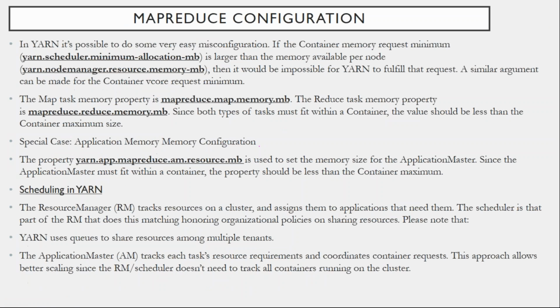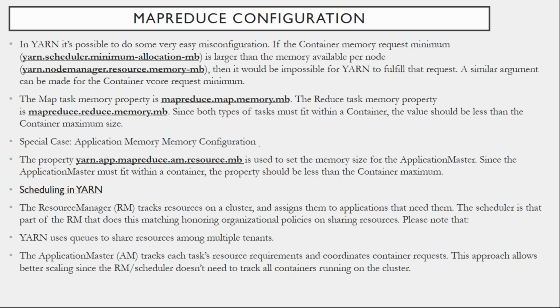Okay. Now MapReduce configuration. In YARN, it's possible to make some very easy misconfigurations. If the container memory request minimum is larger than the memory available per node, then it would be impossible for YARN to fulfill the request. Obvious.